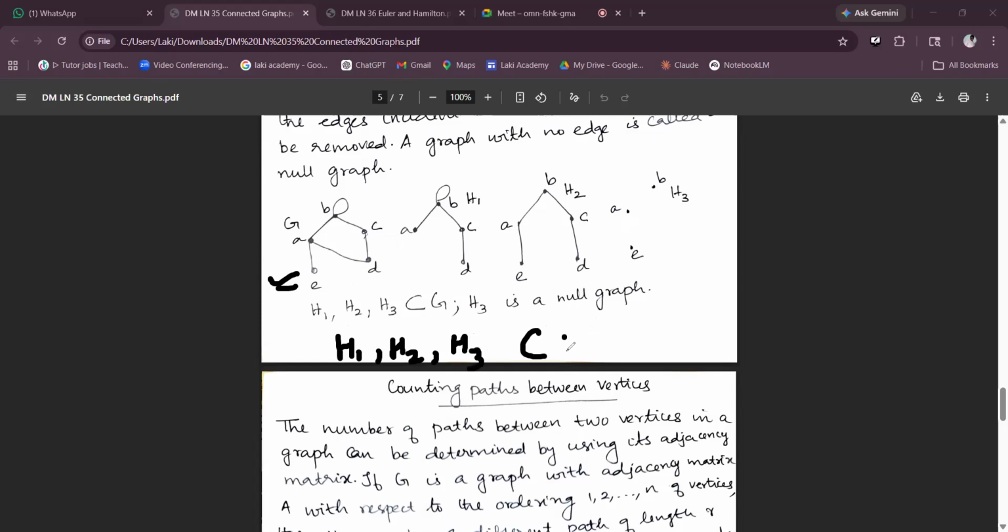Understood? H3 is a null graph, and a null graph is also a proper subgraph because the null set is also a proper subset. There can be many more possible subsets; these are only a few cases.